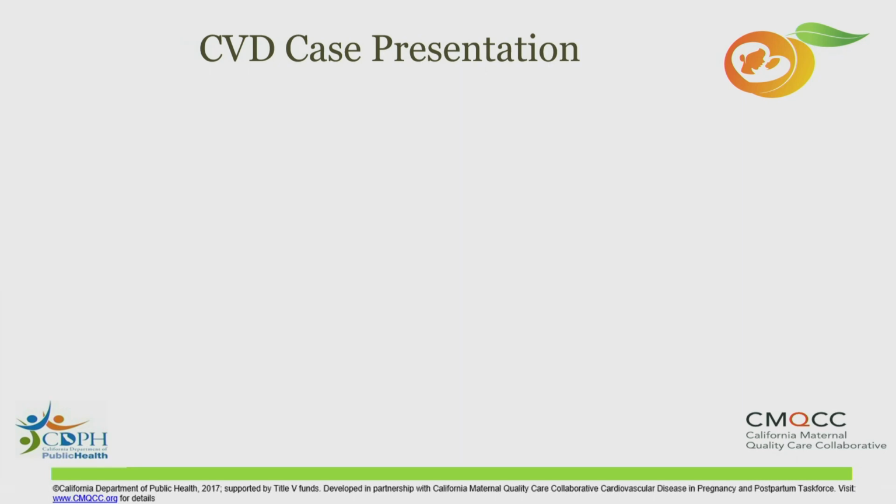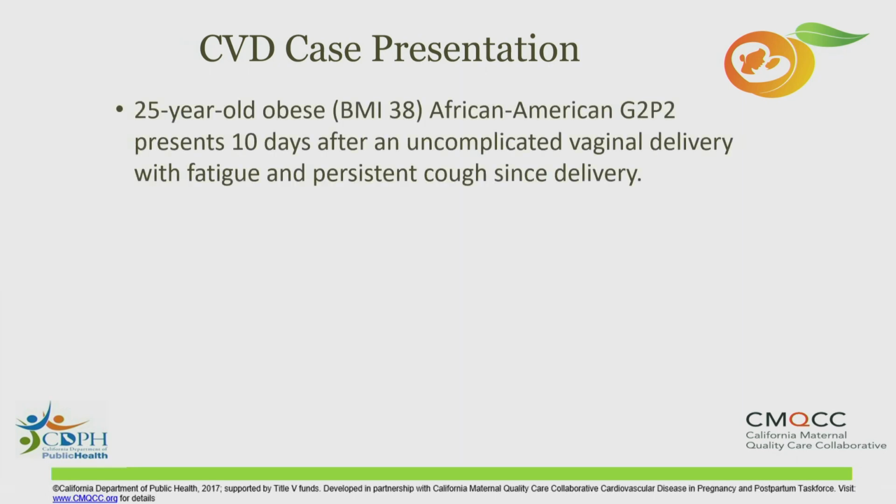Okay, I'm with you. All right, so I'm going to read a case study. We have a 24-year-old that did have a BMI of 38, identified as African American. She was a G2, P2, presents 10 days after an uncomplicated vaginal delivery with fatigue and just felt like she had just been coughing all night. So this persistent cough ever since she delivered.